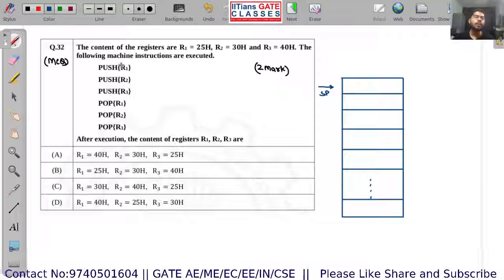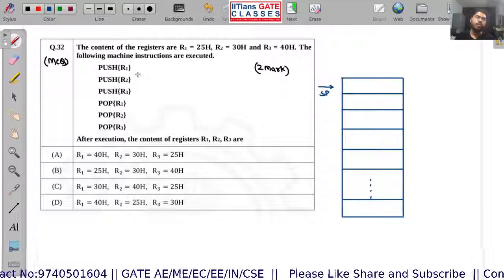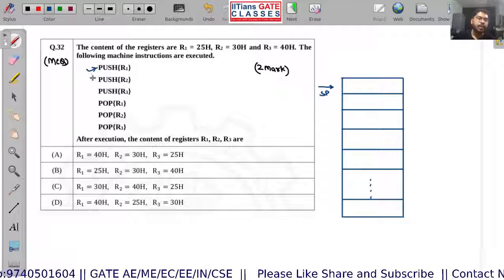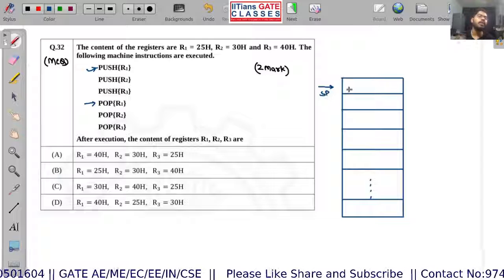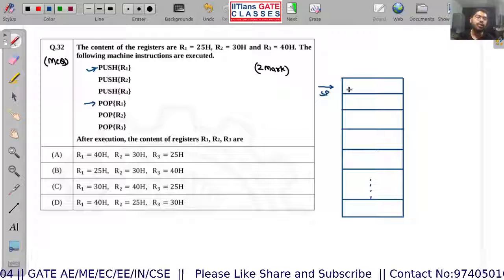So basically you are pushing the content of the register to the stack using push, and using the pop command you are taking out the content of the stack pointer to your register.